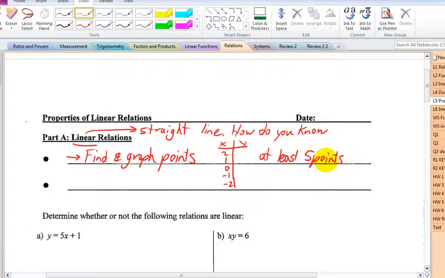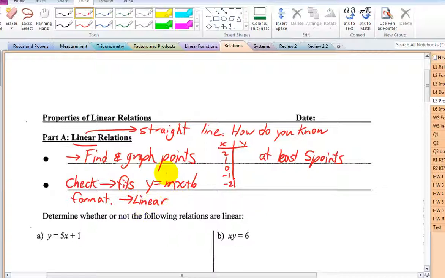But if you have the equation, you can also check and see if it fits the y equals mx plus b format. If it fits that format, then you know it's linear.